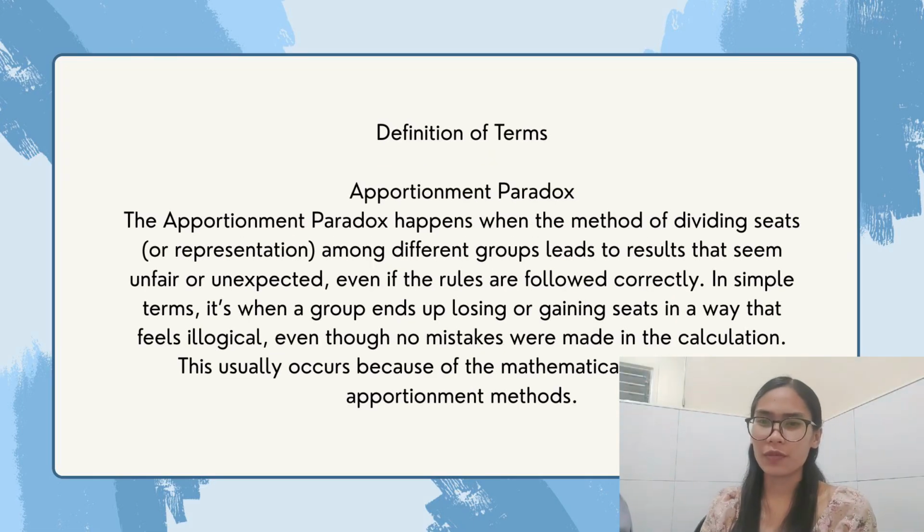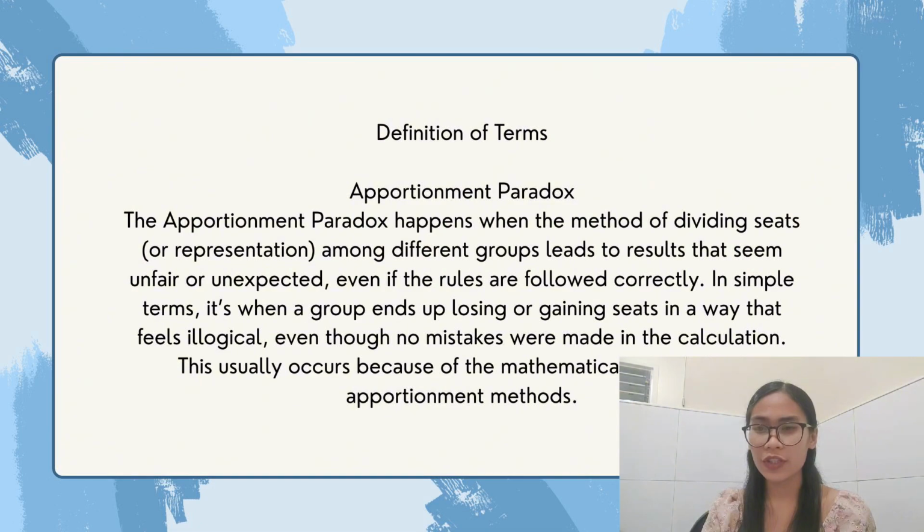Definition of terms. So what is the apportionment paradox? The apportionment paradox happens when the method of dividing seats or representation among different groups leads to results that seem unfair or unexpected, even if the rules are followed correctly.